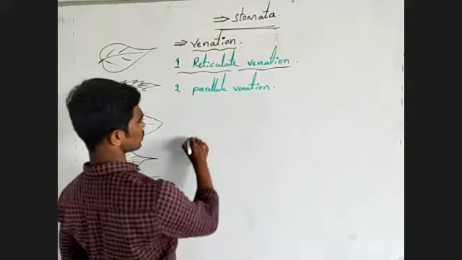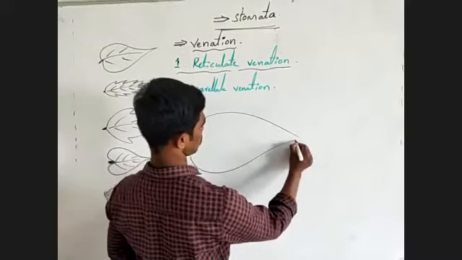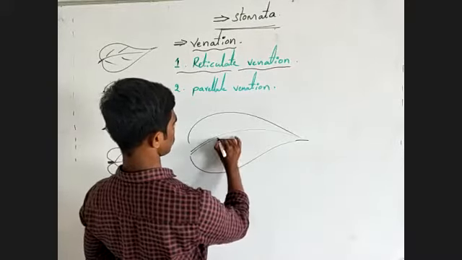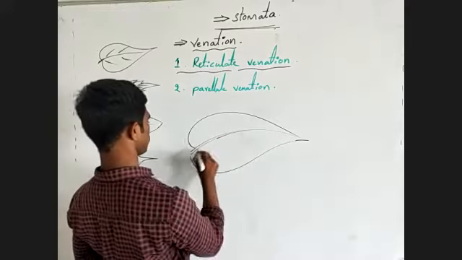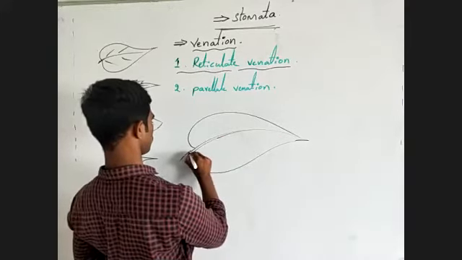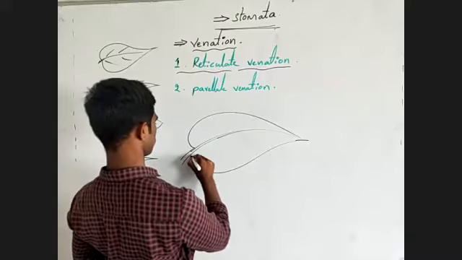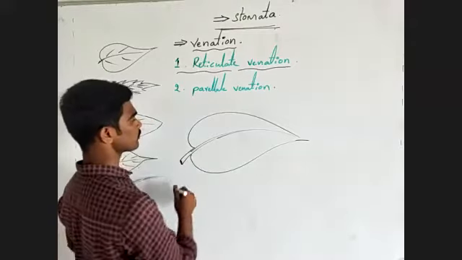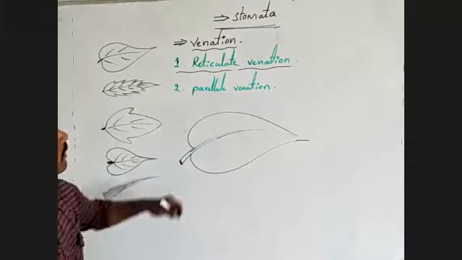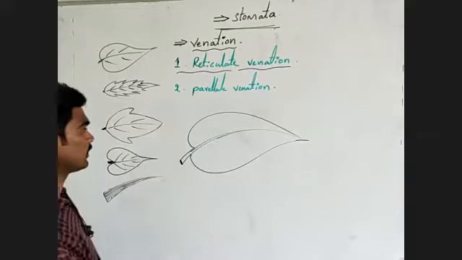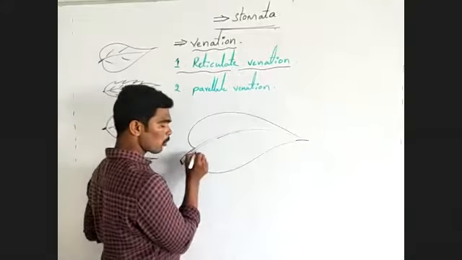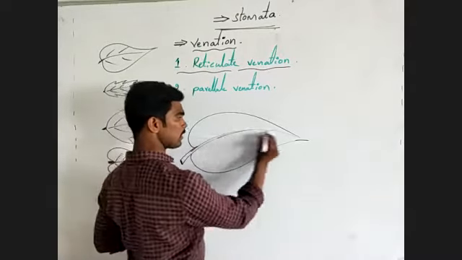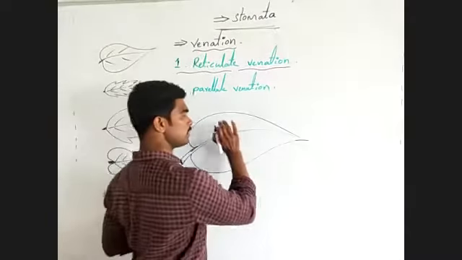Imagine this is a leaf. In some leaves, there is a prominent large vein at the center of the leaf or the center of the lamina.